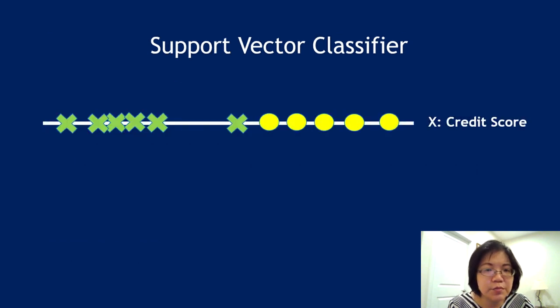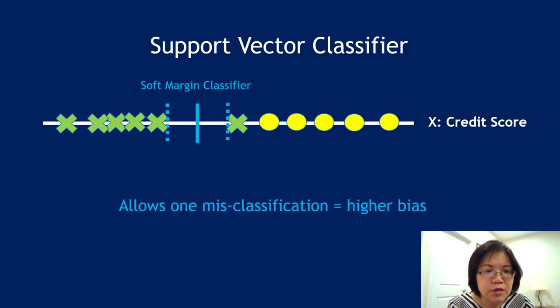So let's look at a support vector classifier. So these are our two classes of data along a single X feature credit score. Instead of trying to accommodate all the green crosses, what we do is we can find a soft margin classifier that classifies most of the points correctly with one exception. So there's one misclassification.